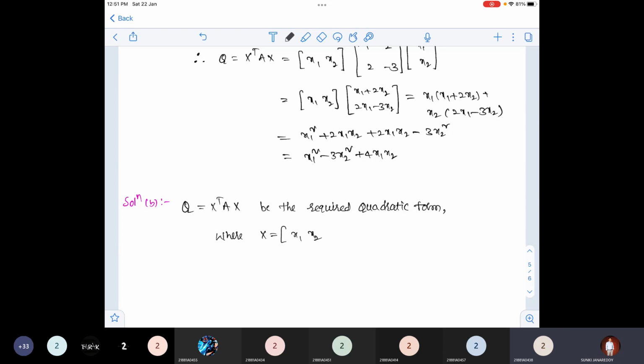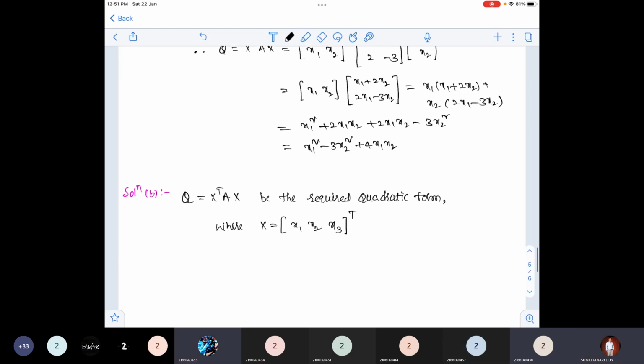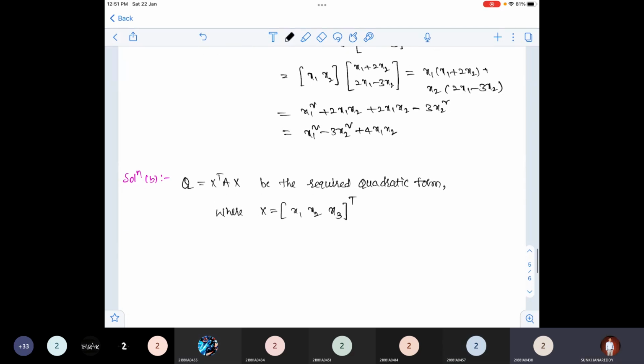Here we need to take x3 as well. Because a 3 by 3 matrix needs how many variables? 3 variables. That is why I took 3 variables. Therefore, Q is equal to X transpose A into X, where X transpose is x1, x2, x3.